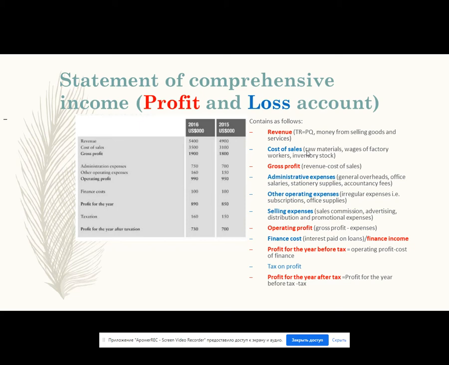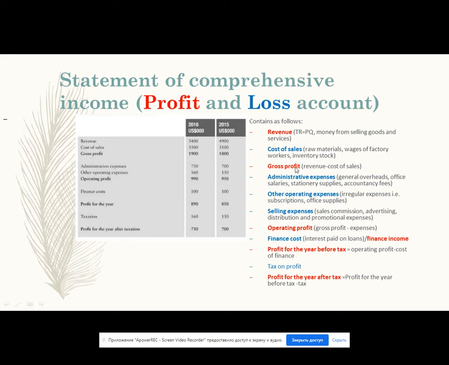If I make pizza, my cost of sales is money which I spend on flour and some flavorings. If I produce furniture, my cost of sales would be plastic, wood, and what else? Nails, probably. So, under cost of sales, we understand raw material and also wages of factory workers, wages of people directly involved in production.